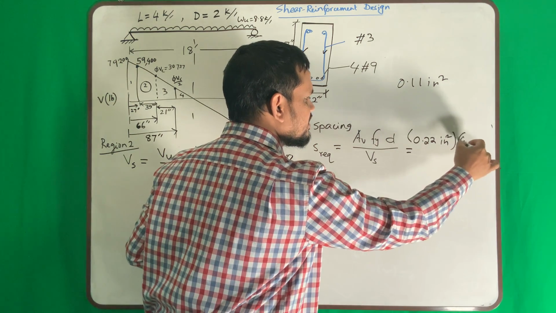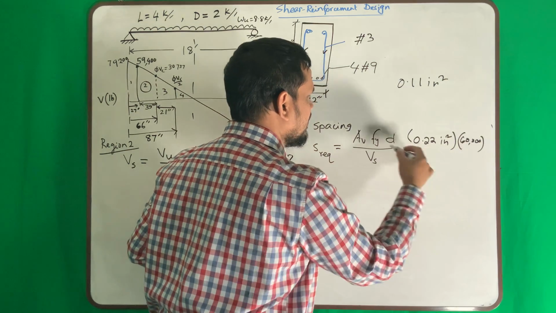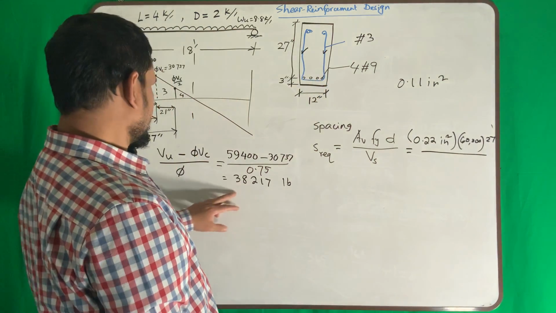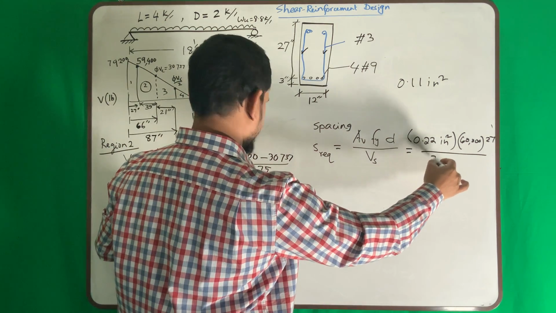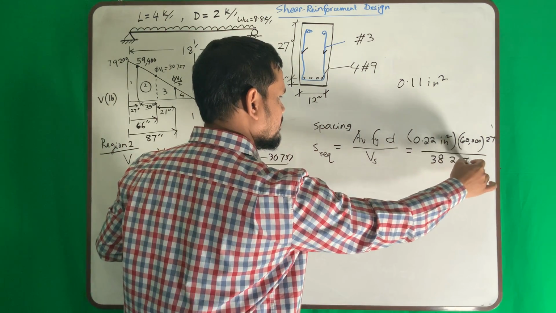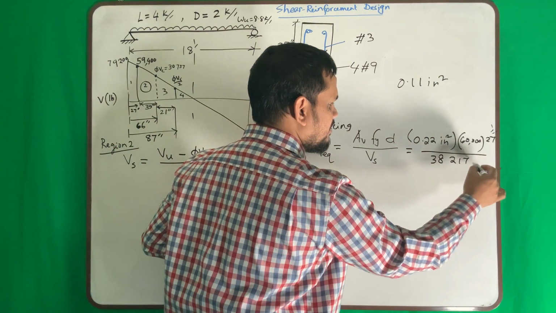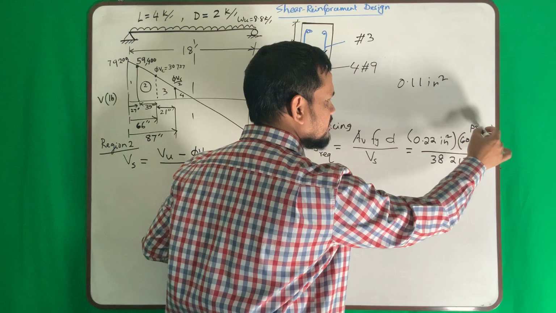Then fy is 60,000 psi. d is 27 inch. Vs is 38,217 pound. Now I have no space here, so I'm going to write right here.